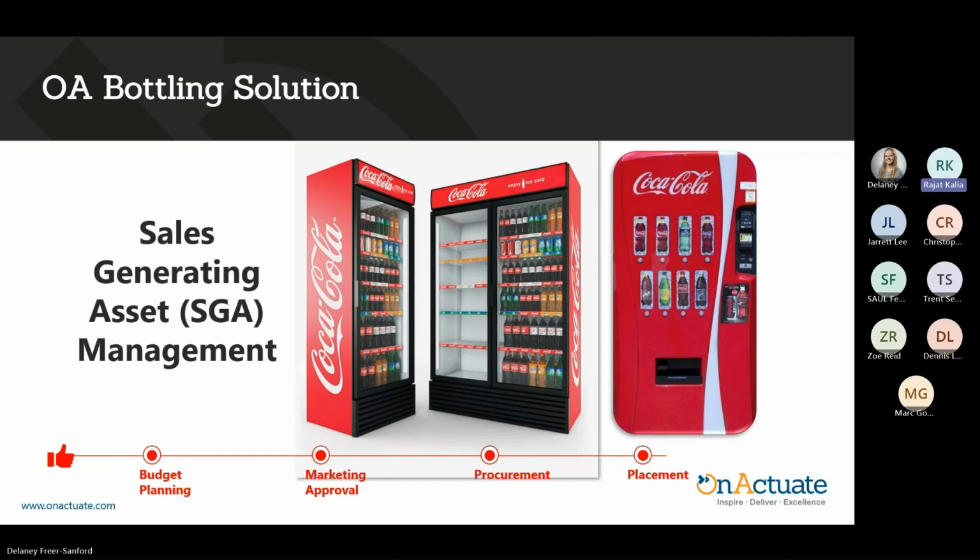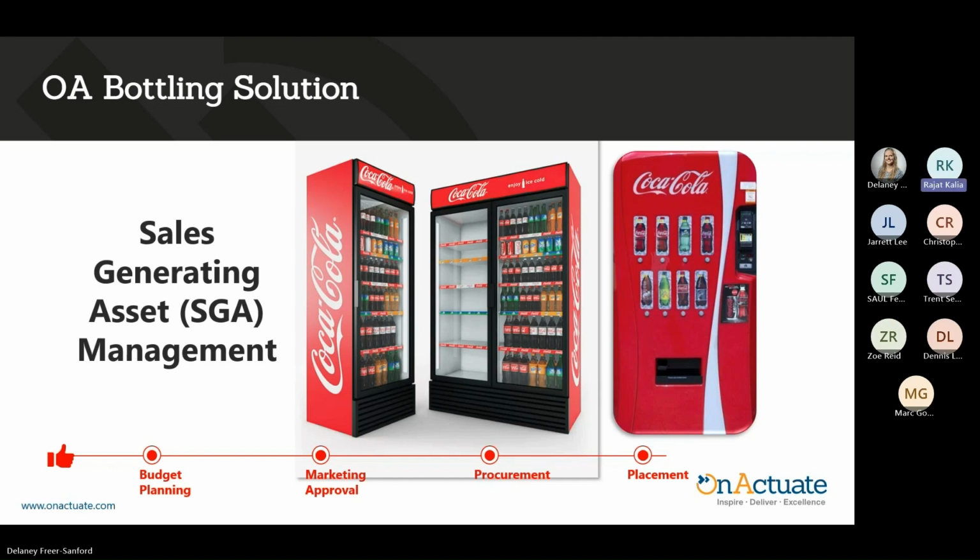The problem was that they had to manually allocate budgets for purchasing and maintaining fridges and coolers across multiple retail locations, resulting in overspending in some areas and undersupplying in others.